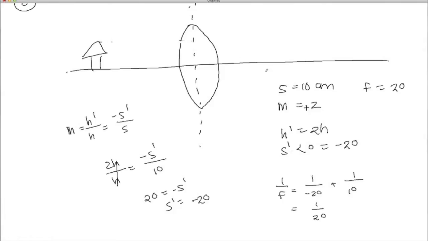All right, now we should be able to draw the ray diagram. F is 20. We know that this is 10. So F is like out here. It's also like right here.